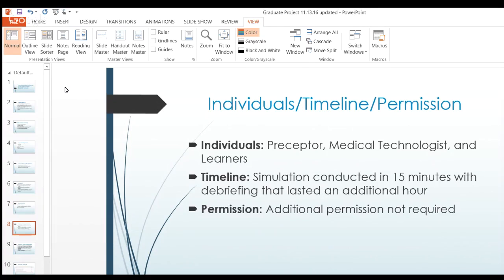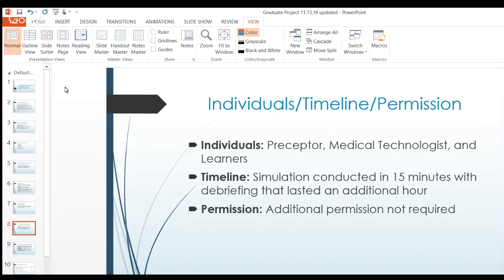When we look at the individuals involved in this particular project, the timeline and permission, individuals outside of myself did include my preceptor, who was there throughout the simulation to provide support. Of course, she was an integral part in discussing simulation for me to develop and create and then facilitate during my preceptorship.